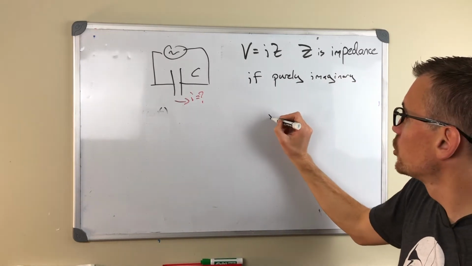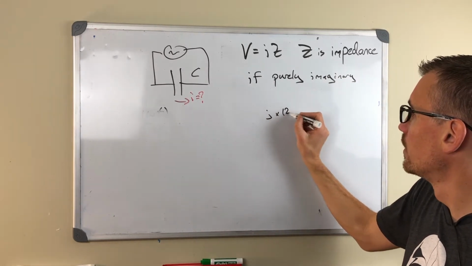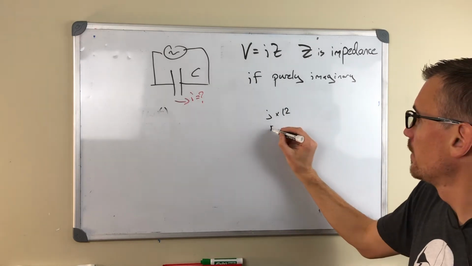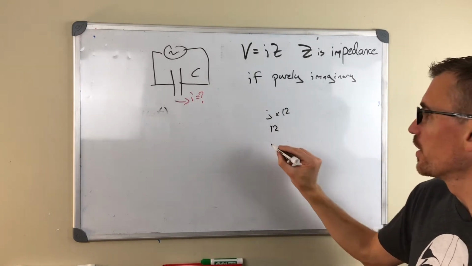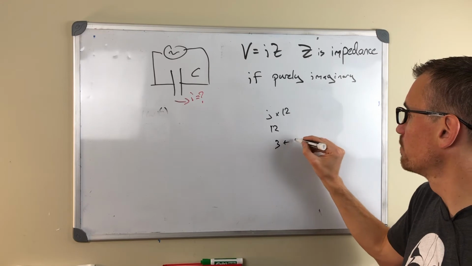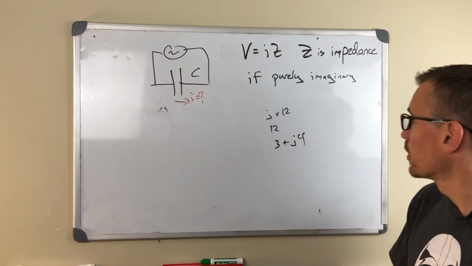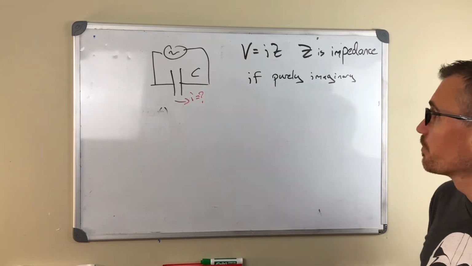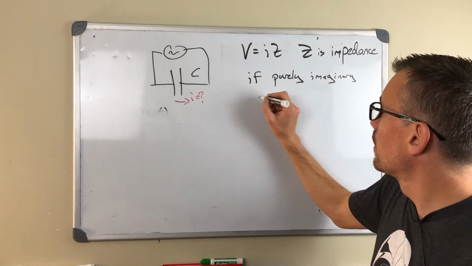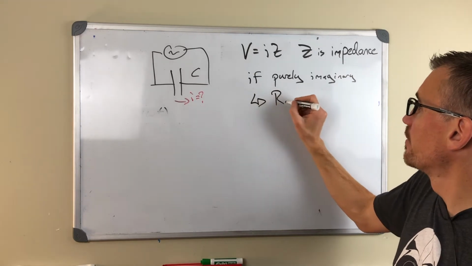So if it's j times 12, that's purely imaginary. If it's 12, then it's purely real. And if it's like 3 plus j times 4, then we say it's complex. It's a mix of real and imaginary parts. So if it's purely imaginary, we say that it is reactive.